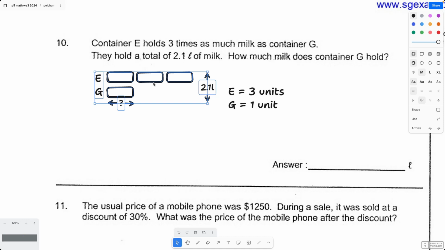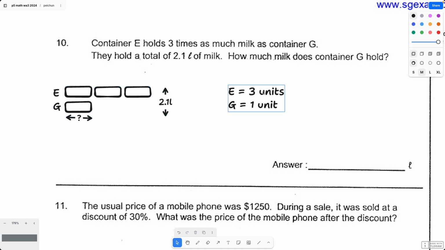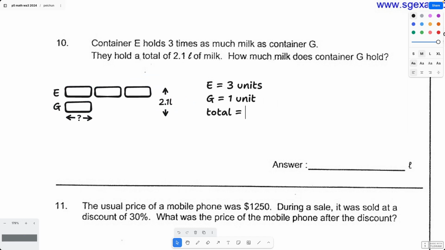So E and G total is equal to 3 plus 1 equal to 4 units. Then we know that 4 units is equal to 2.1 liters. So 1 unit is equal to 2.1 divided by 4.